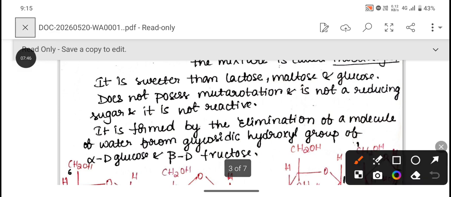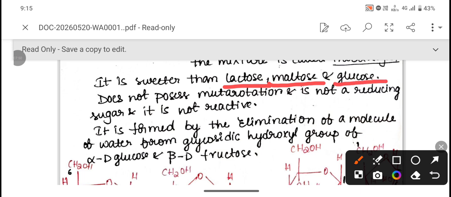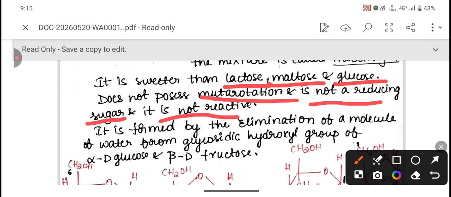It is sweeter than lactose, maltose and glucose. It does not possess mutarotation. Why? Because it doesn't have an anomeric carbon, it is not a reducing sugar, and it is not at all reactive.